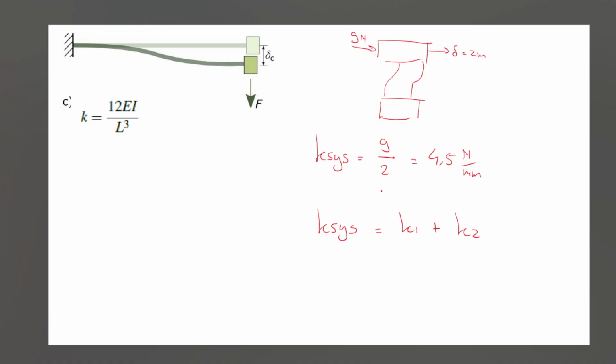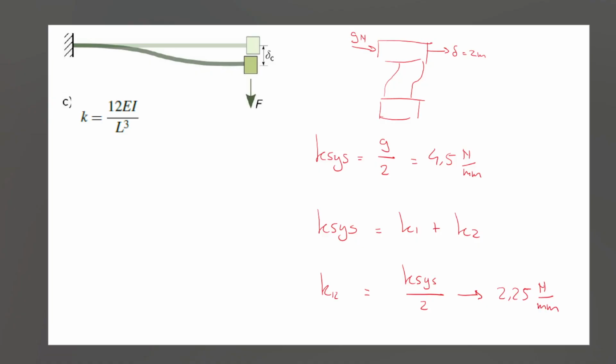Since both of these are the same flexures, at least we're going to design it in such a way that they have the same dimensions, we can just say that they are 2 K1. So K for both 1 and 2 is K system over 2. So the K for one of these flexures is 2.25 newtons per millimeter.